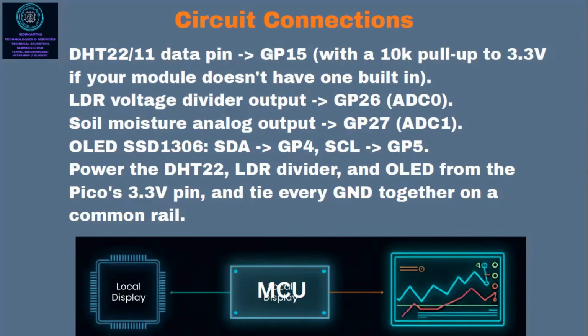The soil moisture analog output is given to GPIO 27, also ADC. The OLED SDA and SCL are connected to GPIO 4 and 5 respectively, also on 3.3 volts. All three sensors take the 3.3 volt supply from the Pico W board itself, as shown here.